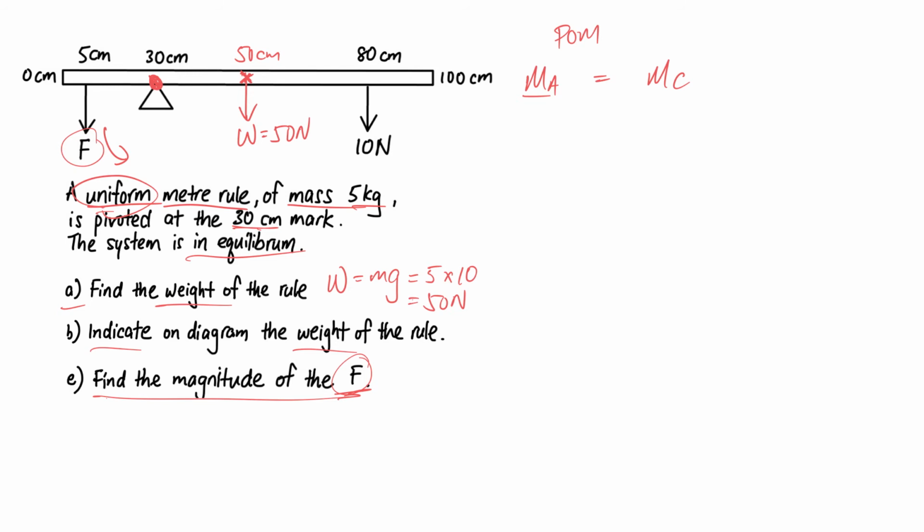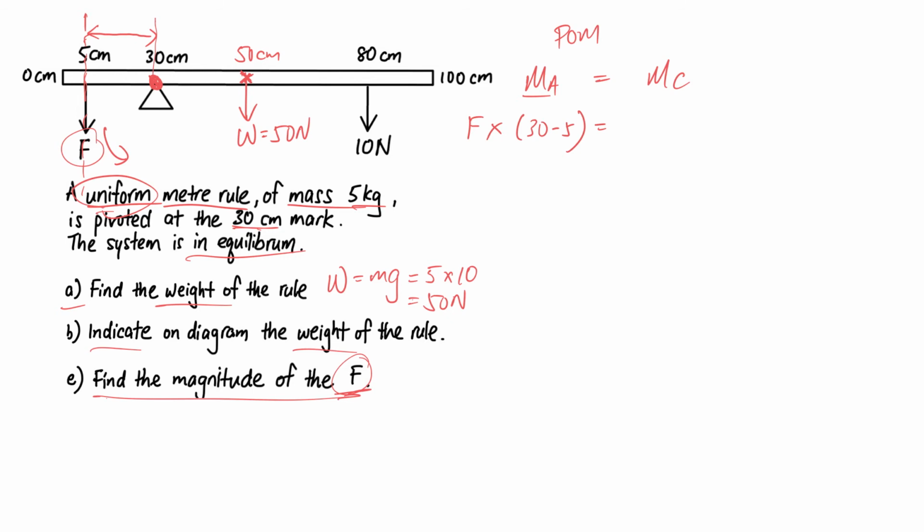So let's continue. So anti-clockwise force times from F, the line of action of the F is over here, and the perpendicular distance is all the way to the pivot, so that will be 30 minus 5. Okay, that will be the perpendicular distance that you should be looking at.